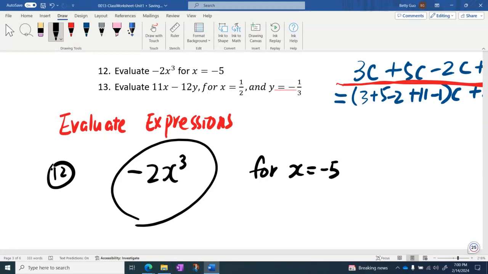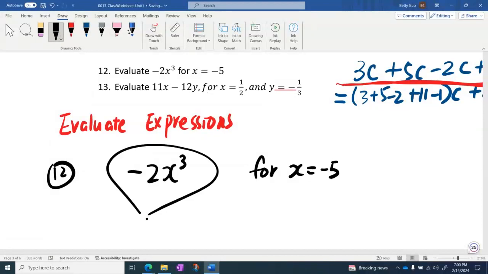The numerical part is -2, the variable part is x cubed, but that doesn't matter. We do not know the value of this expression because it has a variable x. We don't know the value of x, so we don't know the value of the expression.